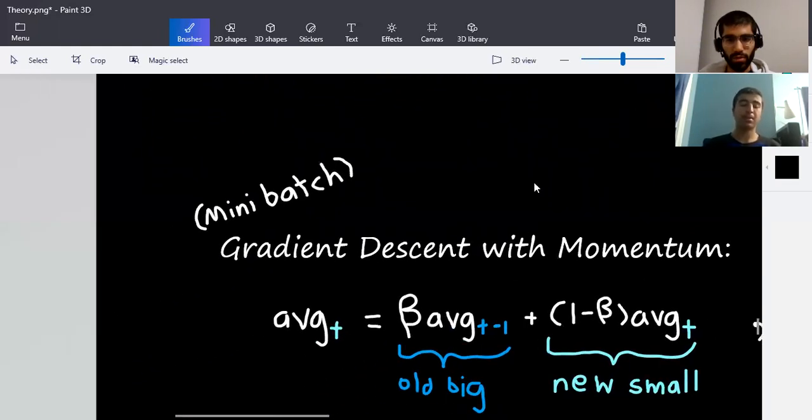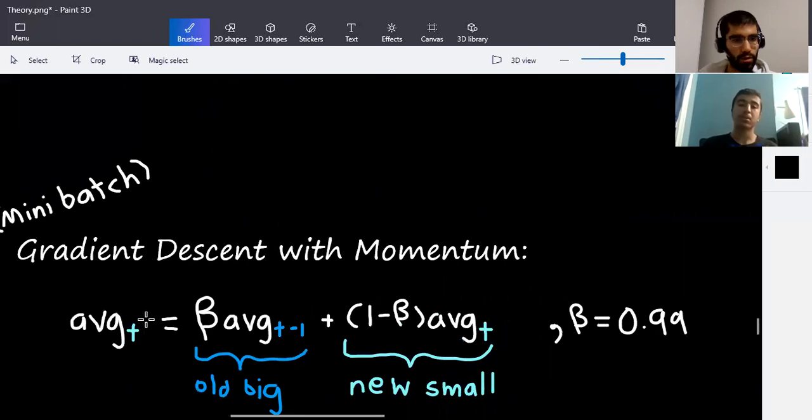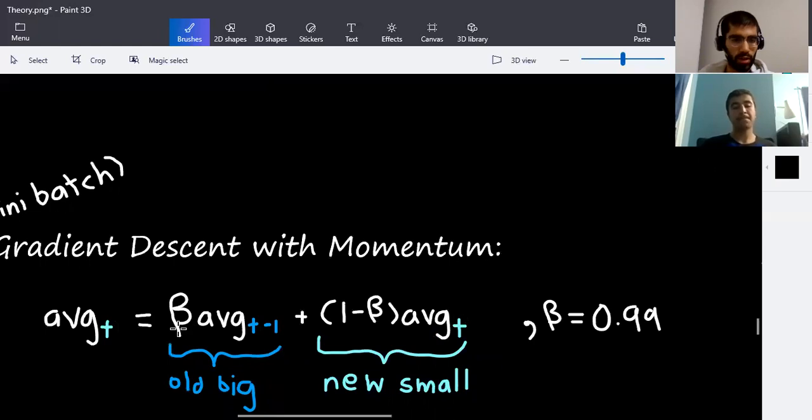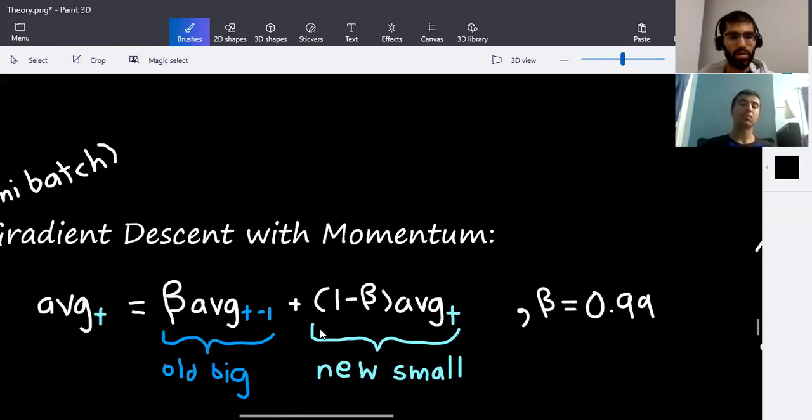Here's how it works. You have different time positions, t. Your average at the current time position t is going to be this hyperparameter beta times the average at the last position, plus 1 minus beta times the value at this position. Here's the way it technically works.